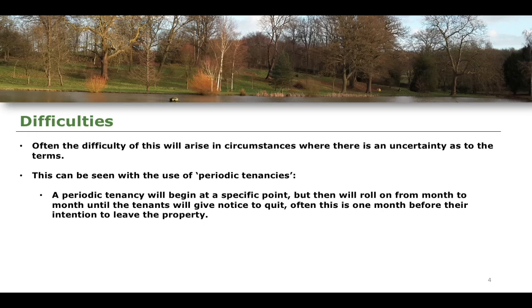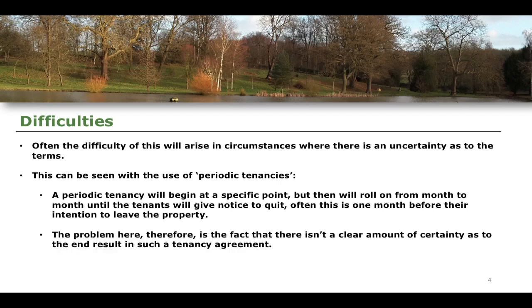So let's say, for example, we have a periodic tenancy that rolls on from month to month, and I want to leave in August. I would probably need to give notice to quit in July, which gives them a month to actually come about the conclusion of that leasehold property.